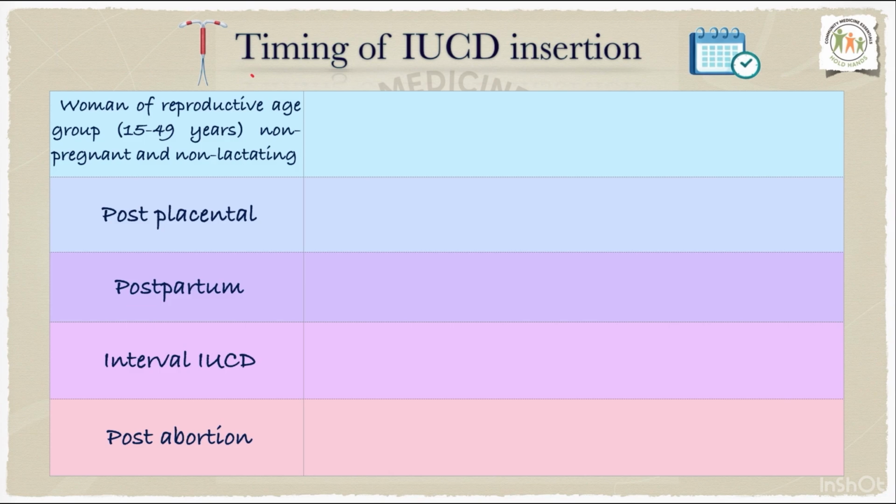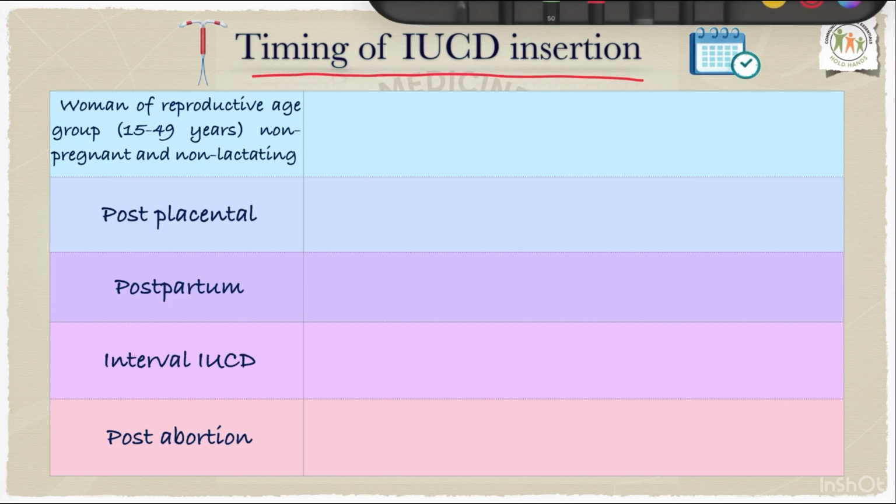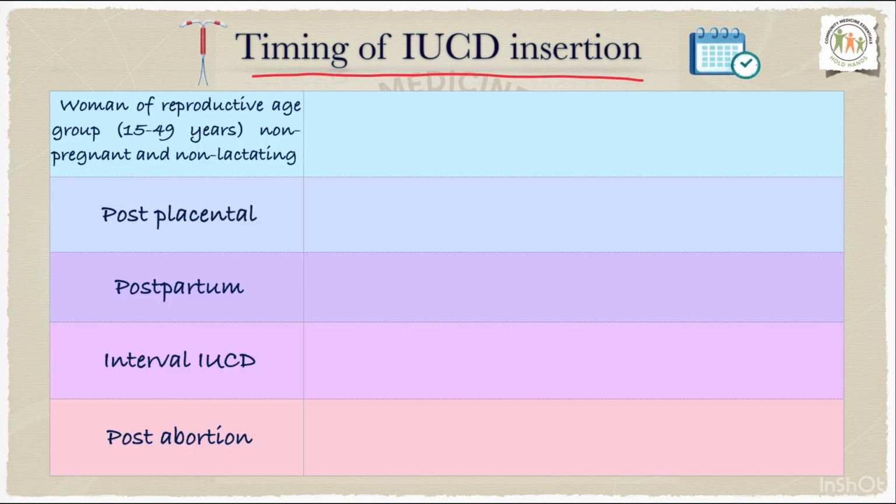Next is timing of IUCD insertion. In non-pregnant and non-lactating women of reproductive age group 15 to 49 years, it can be inserted during menses or within 10 days of start of menstrual cycle.